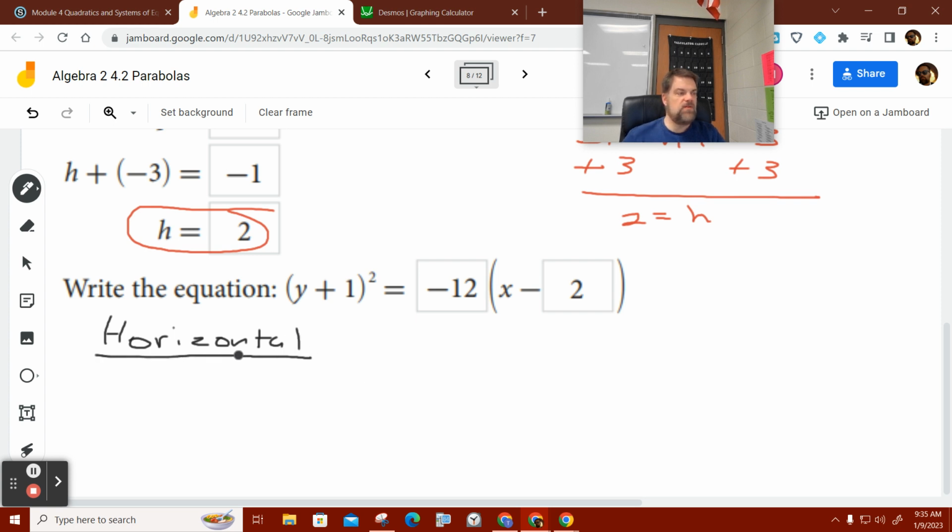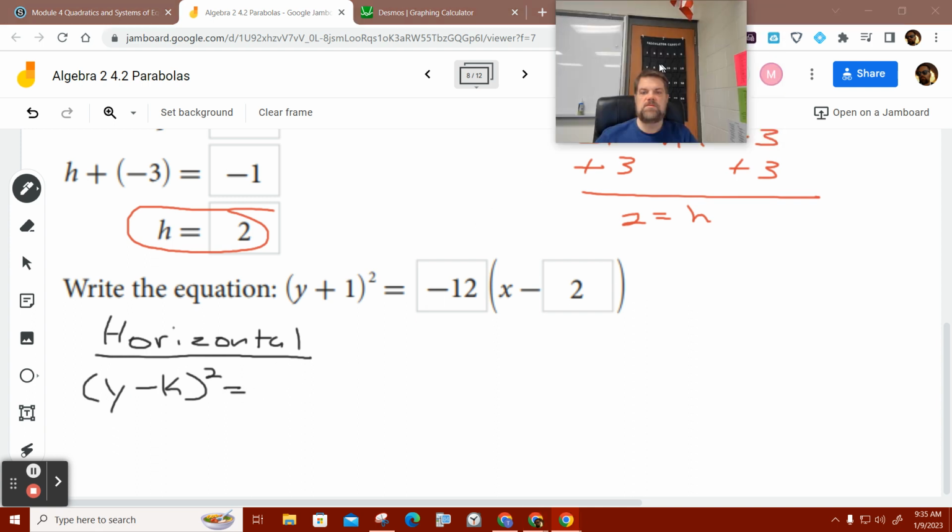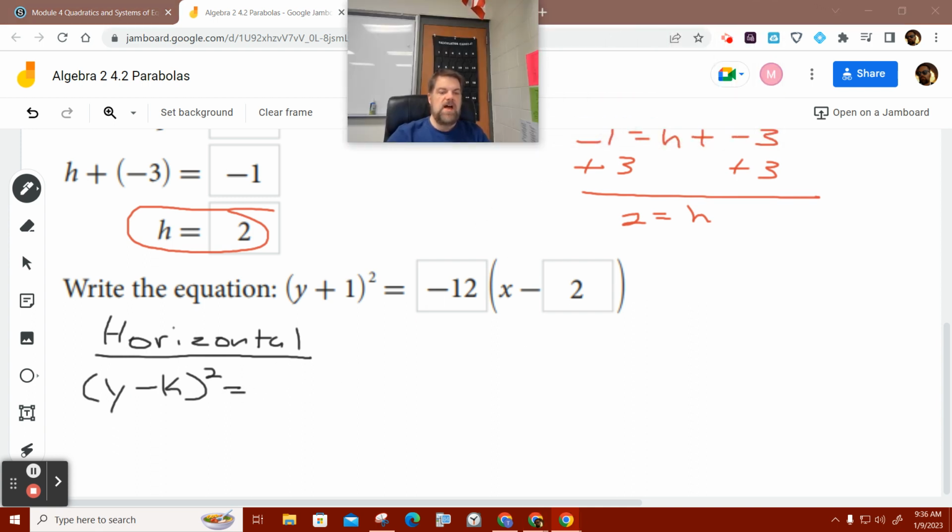Based on horizontal, the equation for a horizontal parabola with an h and a k is y minus k squared is equal to 4 times p times x minus h.